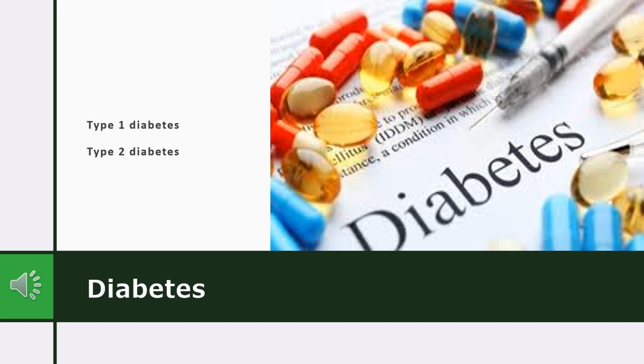Diabetes is one of the more prevalent diseases that America has in this day and age. There are two different types, type 1 and type 2 diabetes. They both work differently, but they have the same base cause, which is the body's either inability to produce or use insulin.